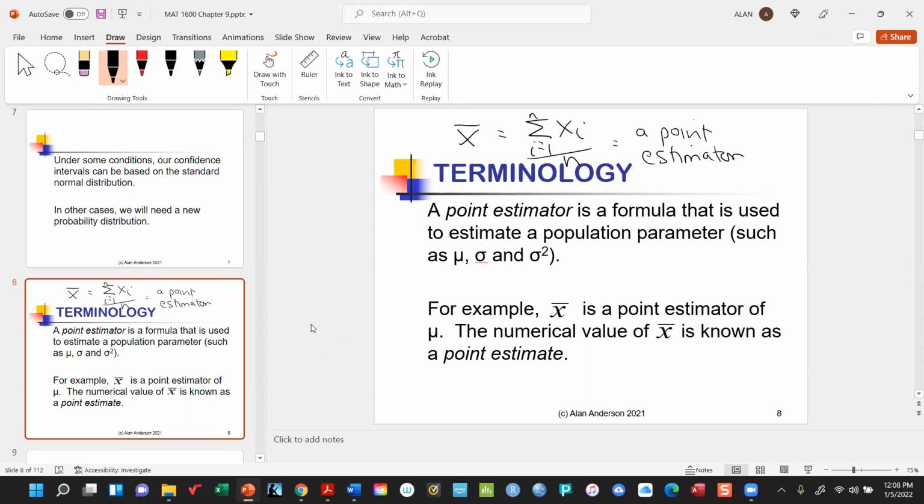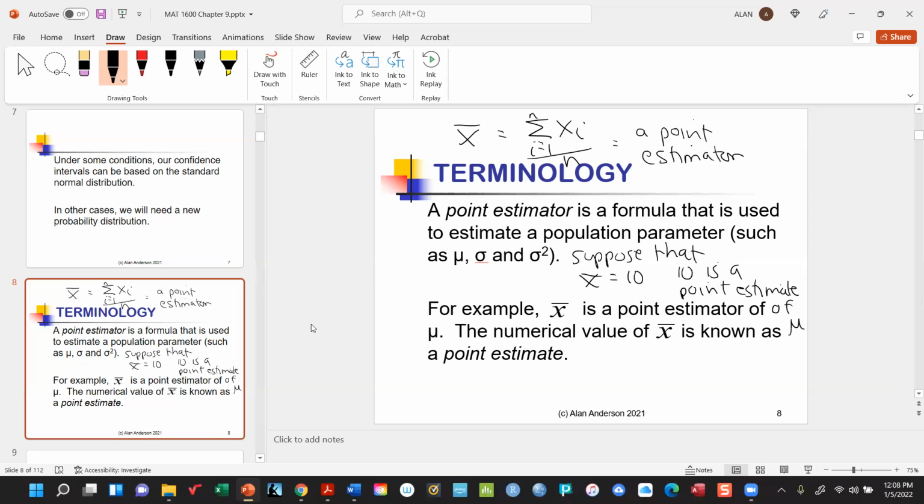Now, once we have our actual number, suppose that we calculate X bar as, let's say, 10. Well, then we would say 10 is a point estimate of mu.